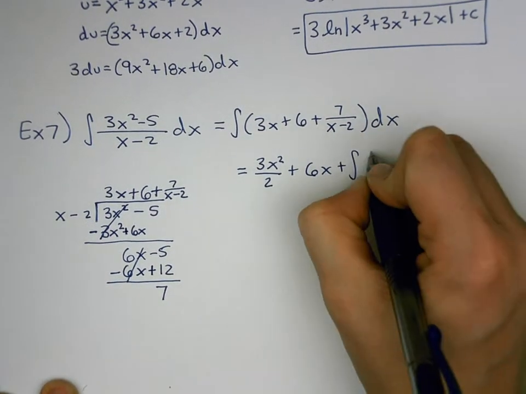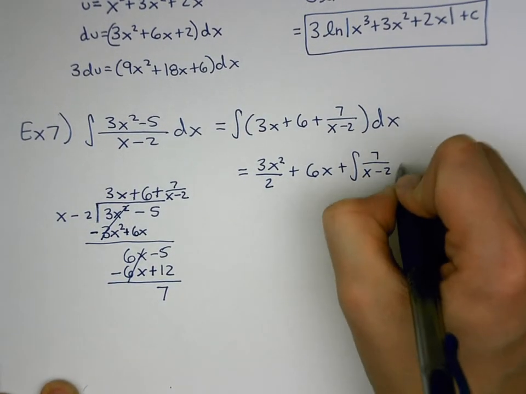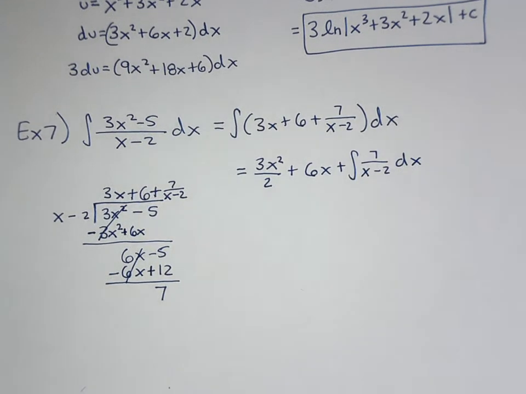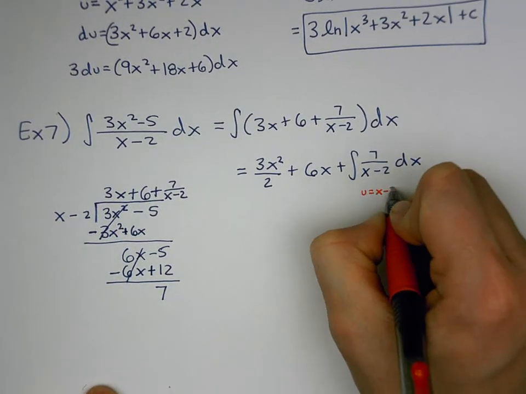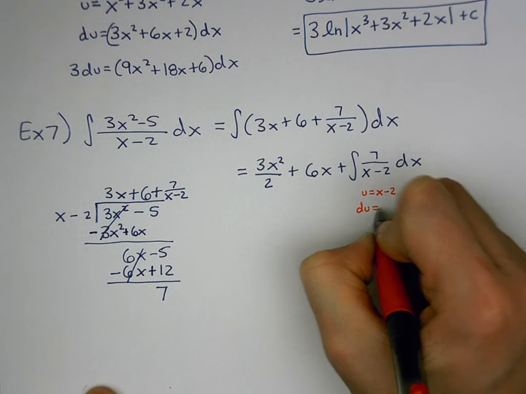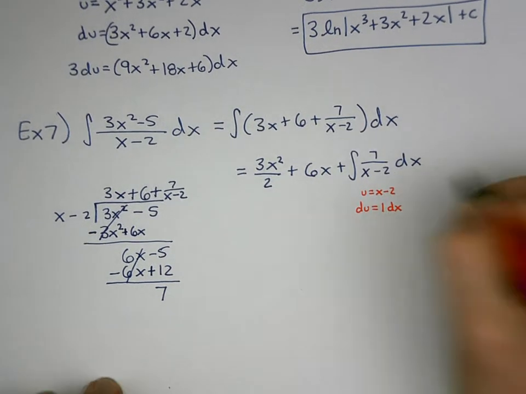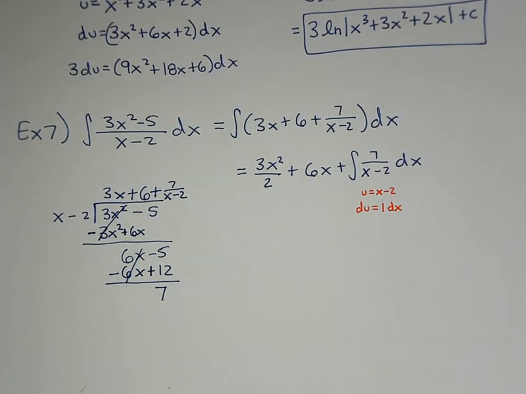And then just for a bit here, I'm going to rewrite the 7 over x minus 2. You don't have to do that step, but I'm going to because for some people that's easier. This is technically speaking a u/du substitution. But also for the record, you don't have to show that because look at what my du ends up being.